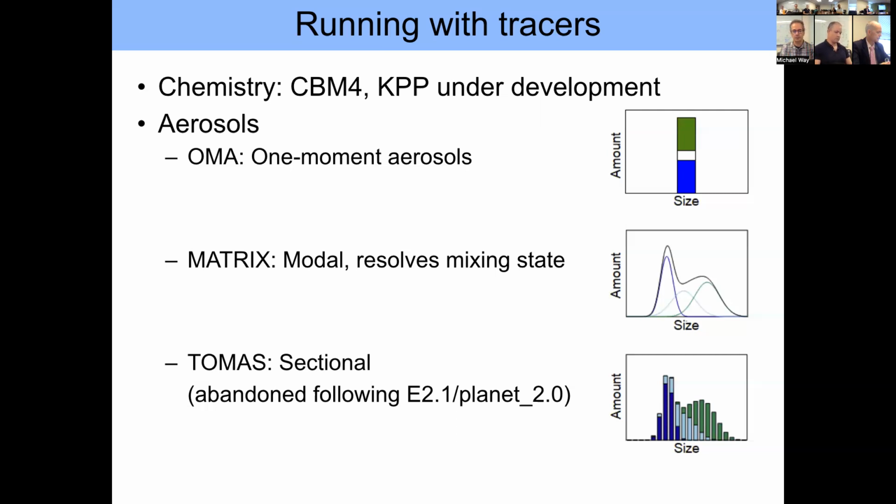And then we also have TOMAS, which has been abandoned in our future model versions because we just don't have the human resources to maintain it. It's more expensive than MATRIX. It is sectional, so the whole size distribution is divided into sections, and then mass moves from one section to the other. You can create more complex size distributions because there is no log-normal requirement. It freely evolves, but it's more expensive because it needs more tracers.